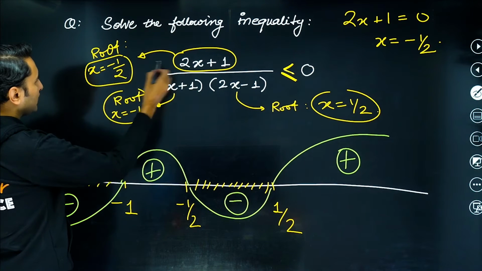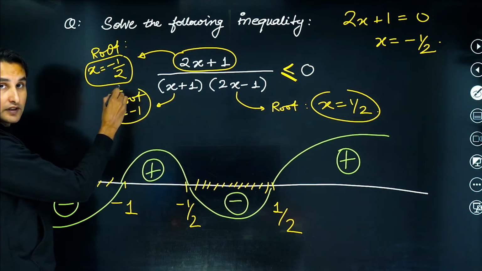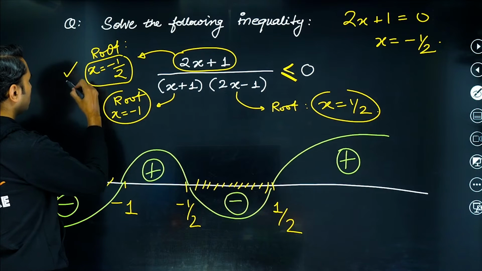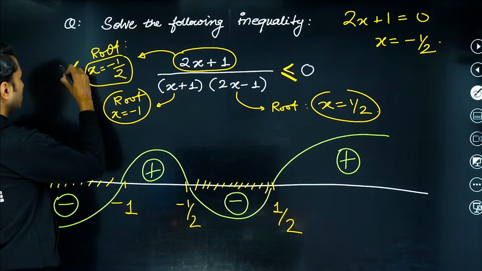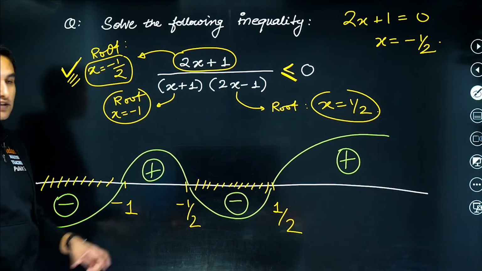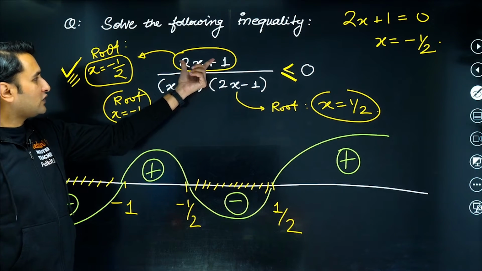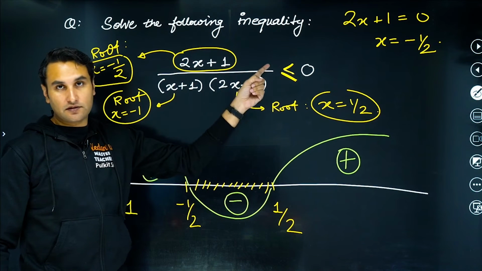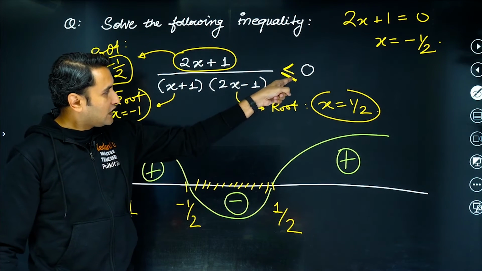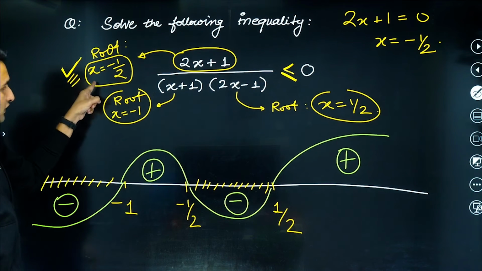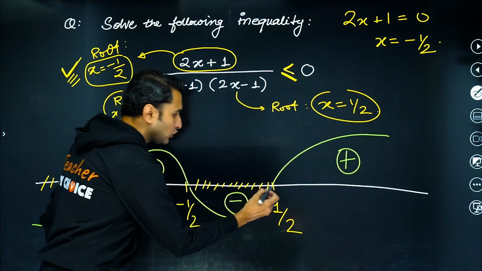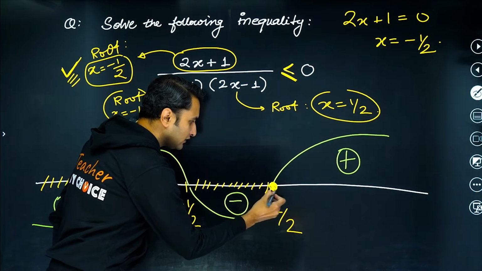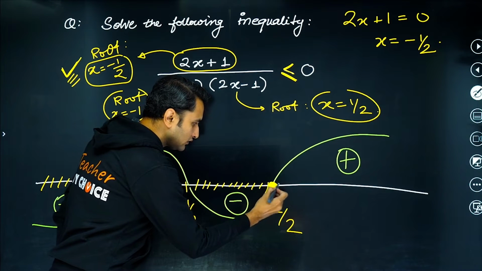Are you okay with x is equal to minus half? Yes, you're okay with it. Why? Because it is in the numerator, and if this becomes 0, the entire expression becomes 0. If the numerator is 0, everything is 0. Agree? So for equal to 0, I can include x is equal to minus half. So I will close this.